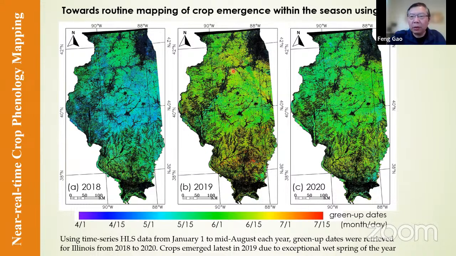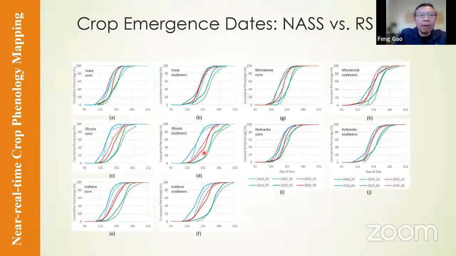According to the USDA Farm Service Agency, Illinois reported the largest amount of prevented planting area among the 5 states. So that information confirms that remote sensing detects this kind of delayed planting and emergence.